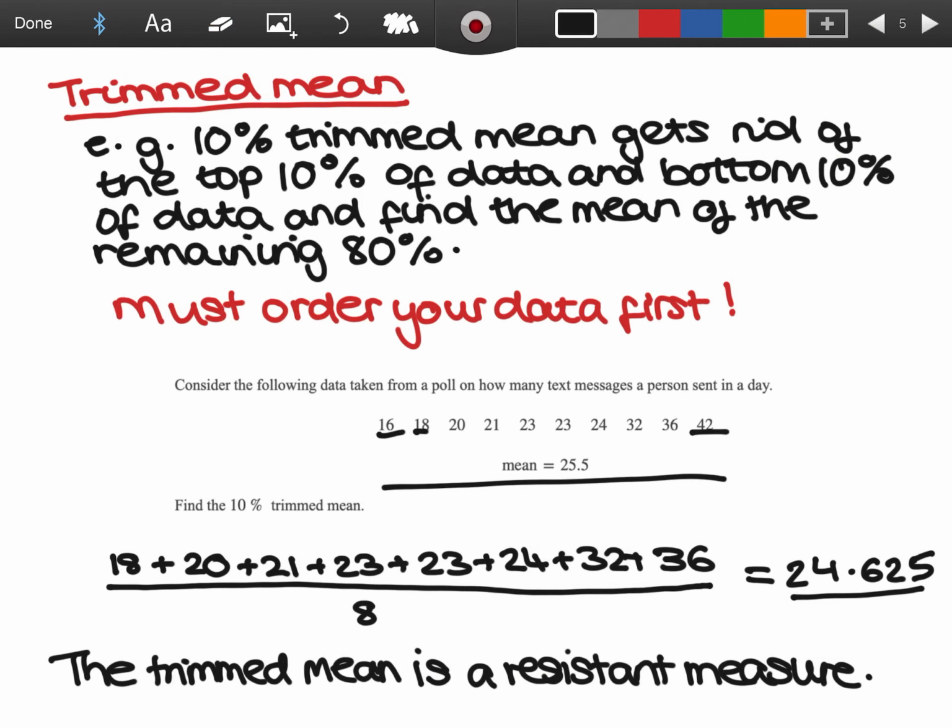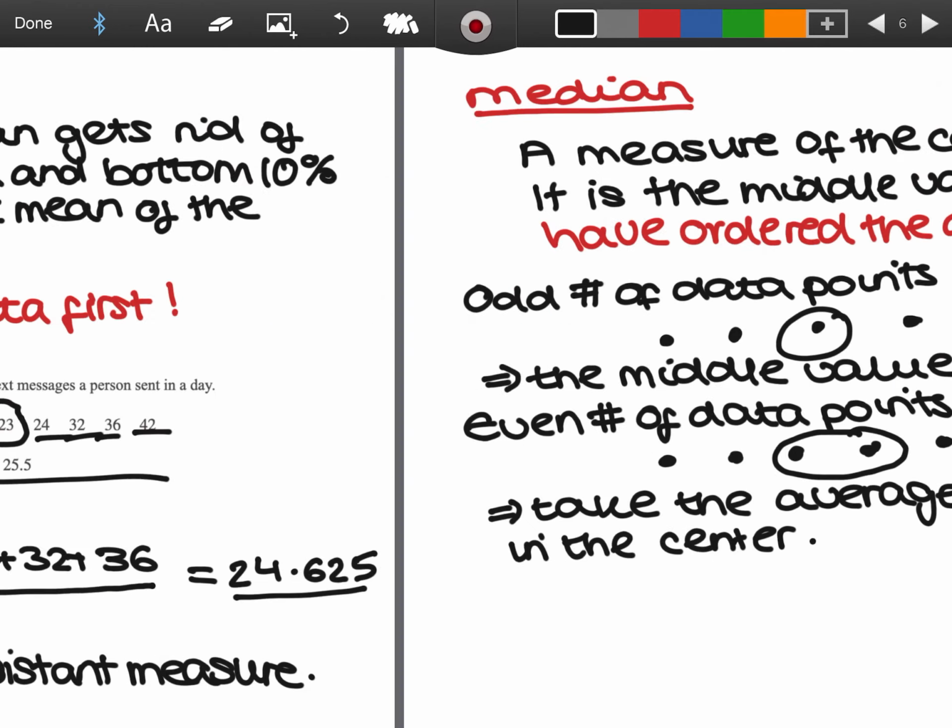Let's count our way in: 1 on either side, 2 on either side, 3 on either side, 4 on either side, and I'm left with these 2 data points in the middle. Now they actually happen to be the same data point. So if I take the average of 23 and 23, I'm still going to get 23. So 23 is my median in this case. So when you have an even number of data points, just work your way in, and then it's the average of the 2 middle points.